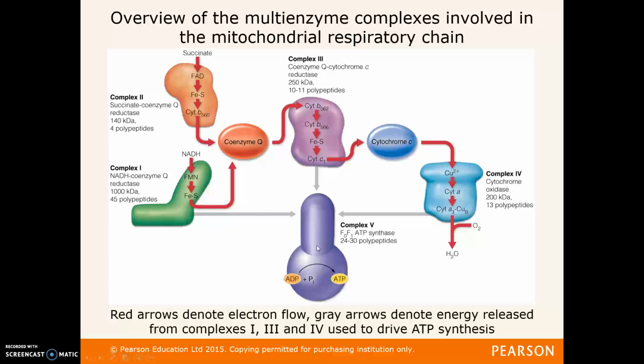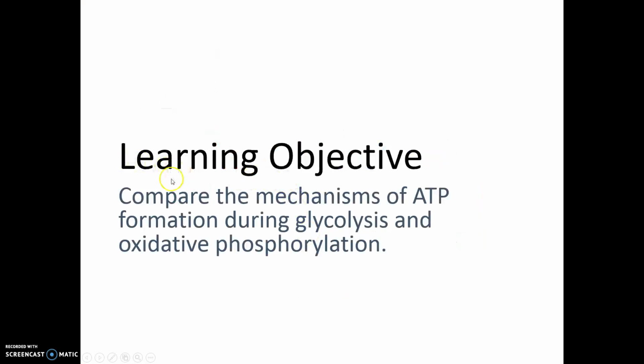Now, our learning objective here was to compare the mechanisms of ATP formation during glycolysis and oxidative phosphorylation. What we've given you is half of this oxidative phosphorylation. Now, of course, we've already seen what happens in glycolysis. That is all coming from substrate level phosphorylation.